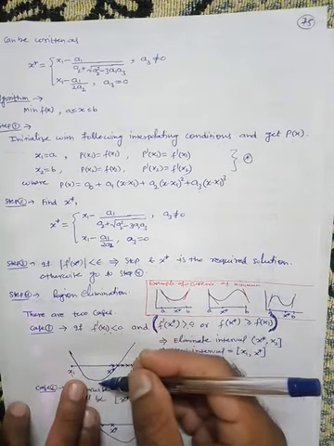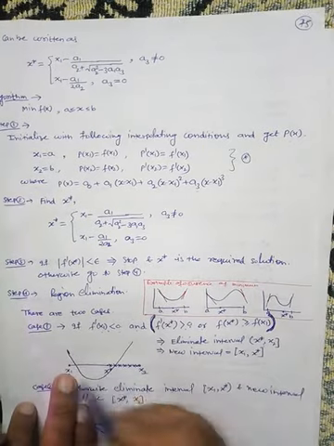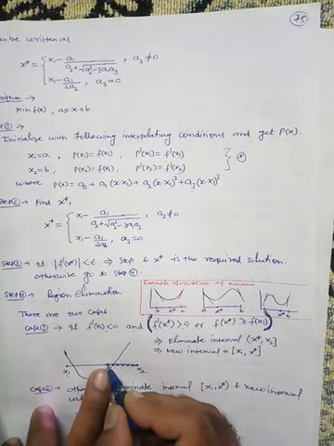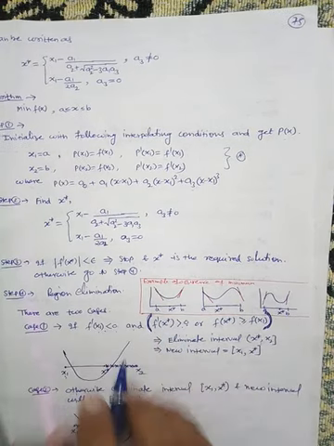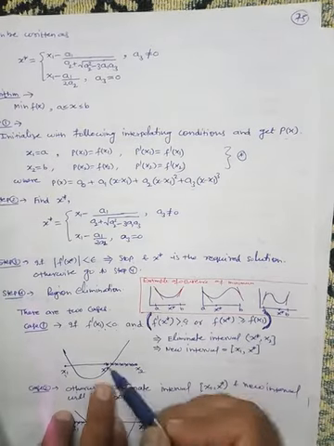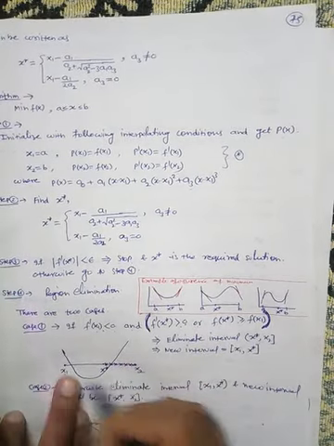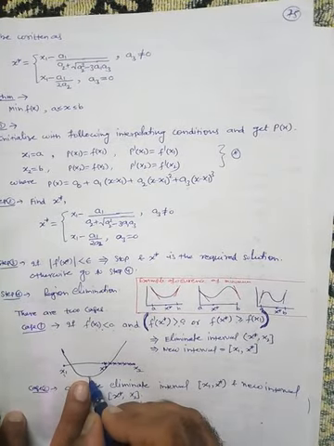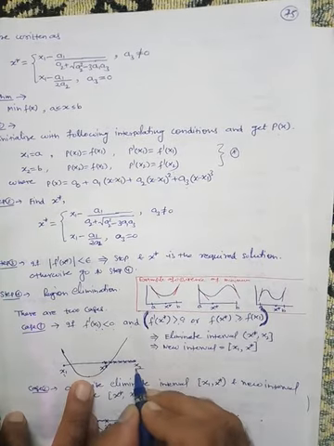At x star, because x star is somewhere in between x1 and x2, if the derivative at x star is greater than 0, that means it is in increasing direction. So obviously if here decreasing and here increasing, the minima will be in between these two, and that's why you can eliminate the part from x star to x2.